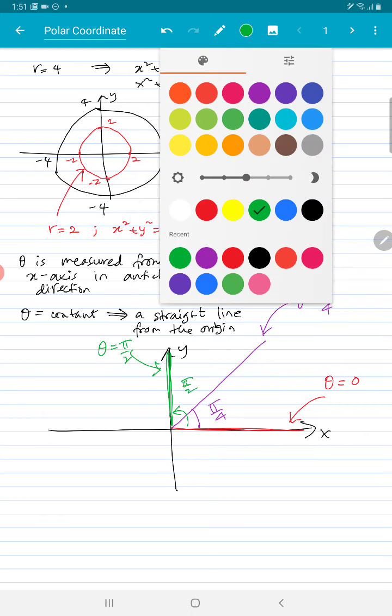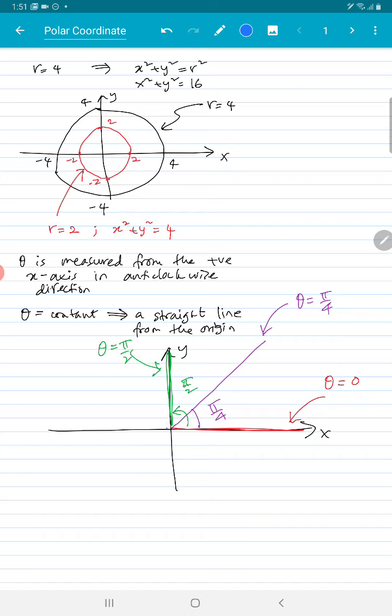The negative x-axis, if you measure from the positive x-axis, that would be pi, or 180. So this line here is theta equals pi, and you know the drill. So this one would be theta equals 3 pi over 2.